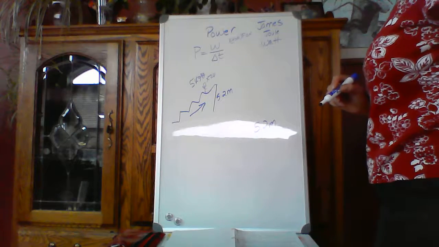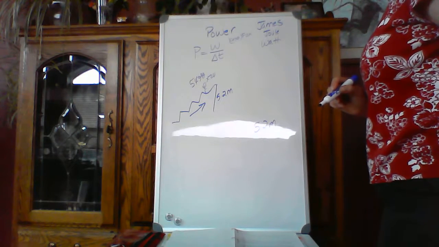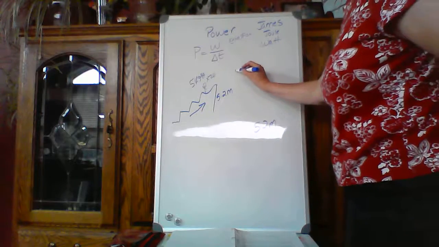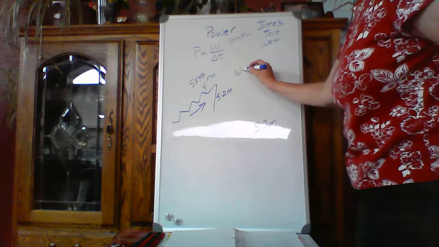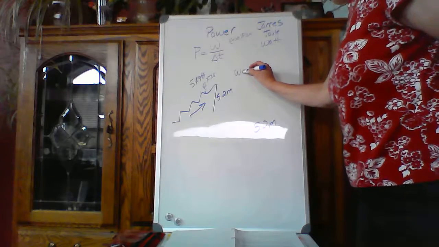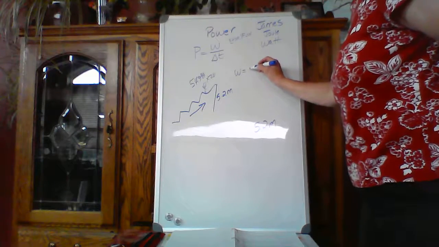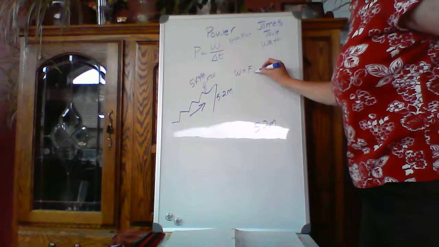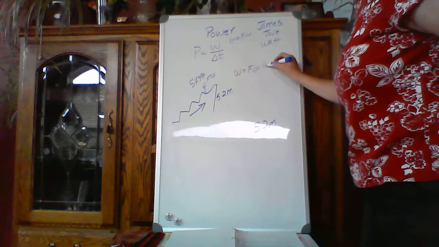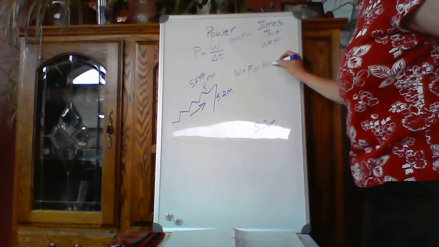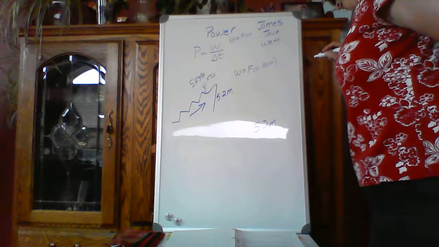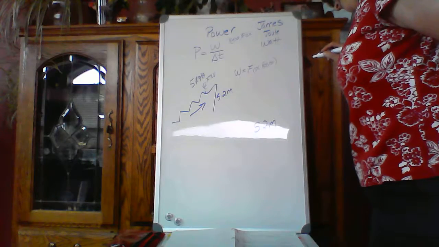The work of one passenger, we'll just look at one passenger right now, is going to be its force times the distance that it goes times the cosine of the angle.